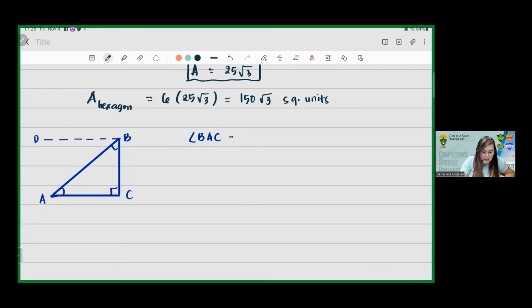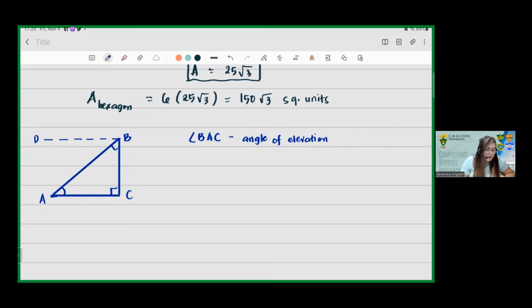Ang tawag ani niya is angle of elevation. Okay, so again, BAC, so pasabot this one, this is the angle of elevation. Kana si angle A, BAC.